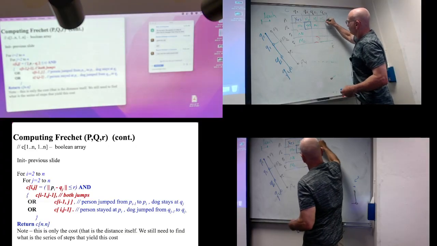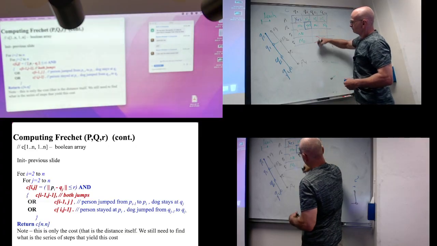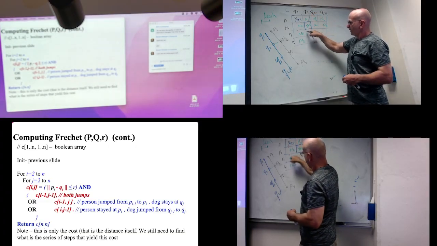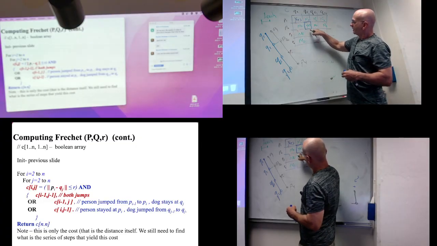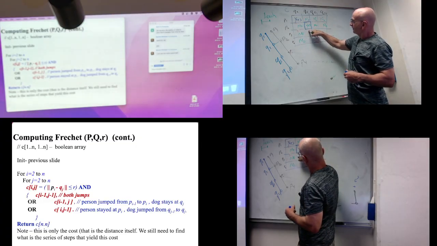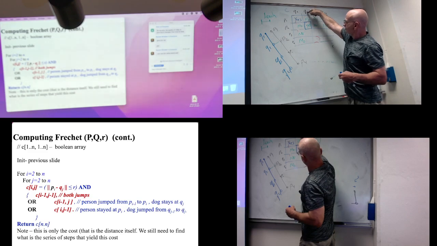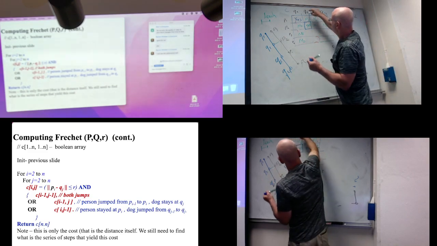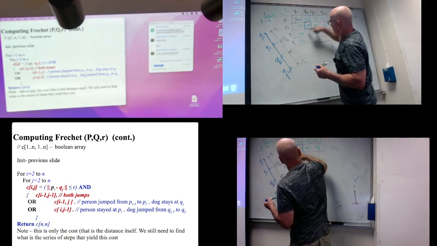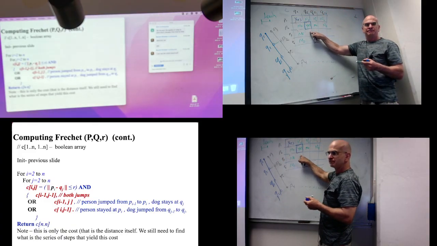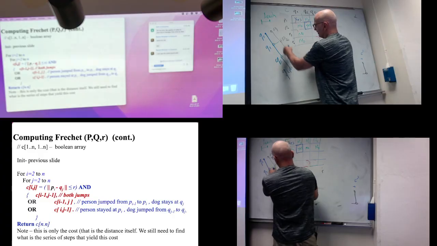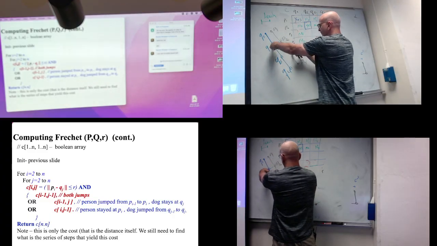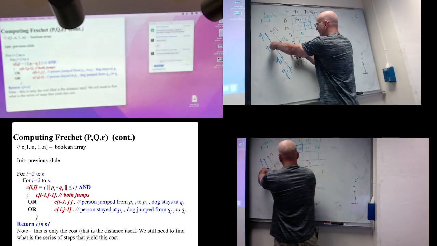So this will be a no. Q2 and P3. It's hard to see, but this is Q2 and P3, too far away.